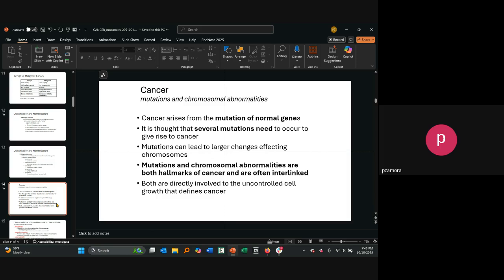The mutations that do occur frequently lead to larger changes which affect the chromosomes. And these mutations and chromosome abnormalities are both hallmarks of cancer and are often interlinked with each other. And both ultimately end up being directly involved in the uncontrolled cell growth that defines cancer as a disease.